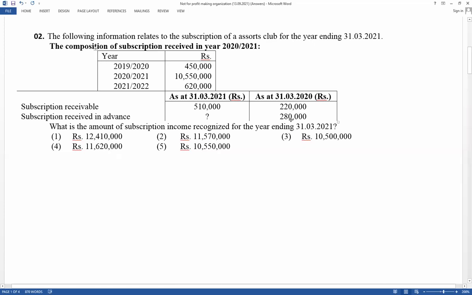The opening balance is given, but the closing balance is not given clearly, but it can be recognized. Think, our accounting period is 20 and 21. Therefore, it has given subscription received during the accounting period 20 and 21.